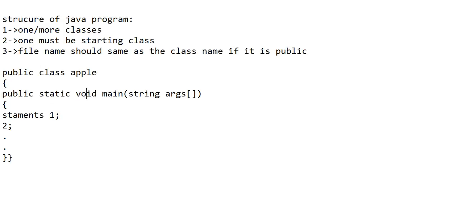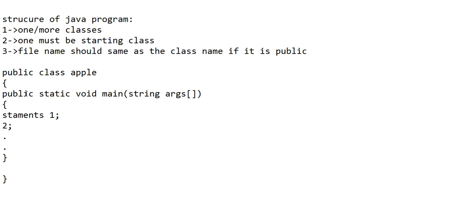If this main program is not visible after these curly braces, and you have written another function here, let us take void banana, then this main method cannot access this function without the public keyword before it. If public is there, then only it can access other functions. That means with the help of public, it is visible to every function throughout the program.